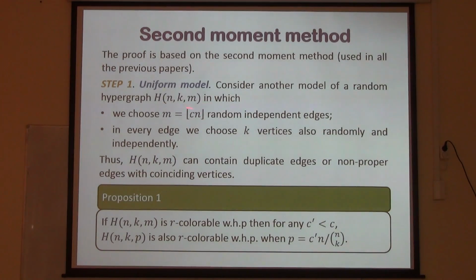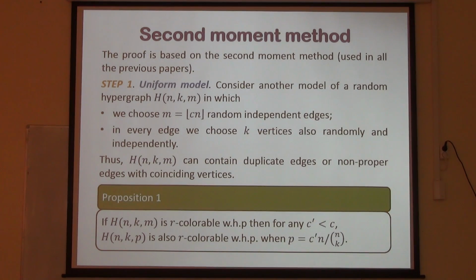A model of a random hypergraph with a linear number of edges, so we have Cn random independent edges, so every edge will be chosen independently. And moreover, in every edge, we choose k vertices also randomly independently. So that means that this random hypergraph can contain duplicate edges, so probably some edges will coincide.